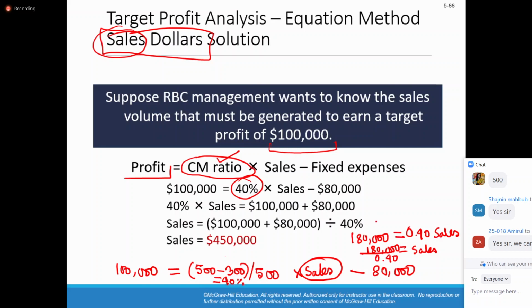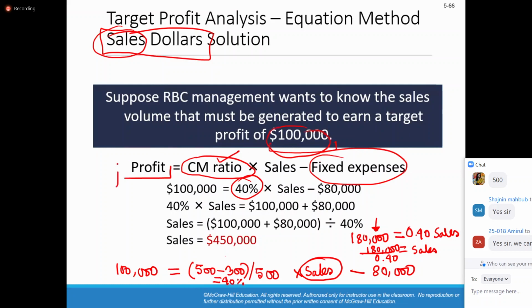And you see that 180,000 comprises two amounts: one is the target profit of 100,000, and the other is the fixed expenses of 80,000.